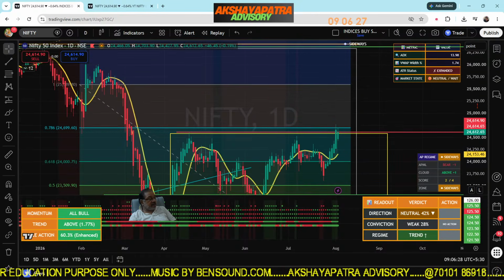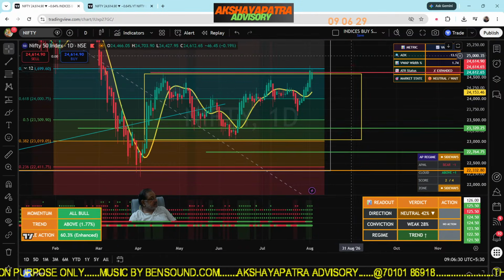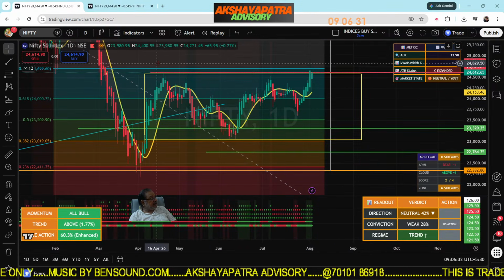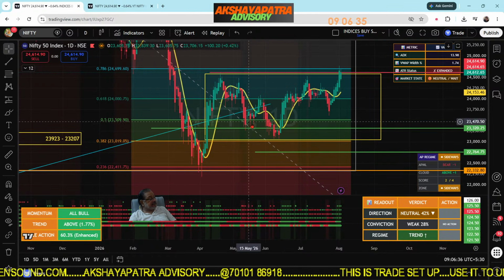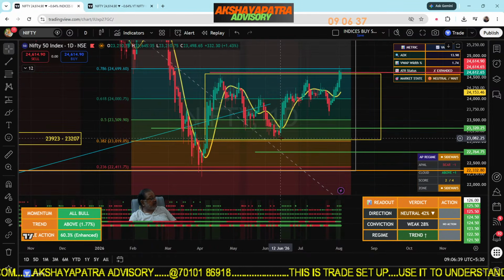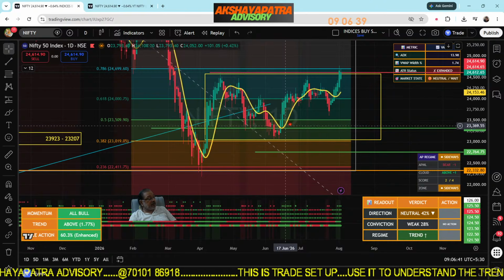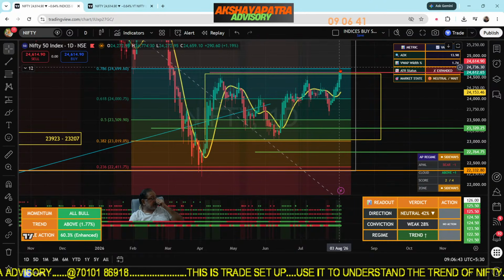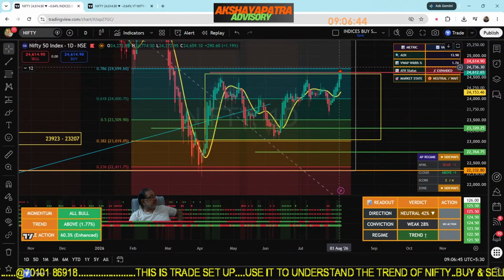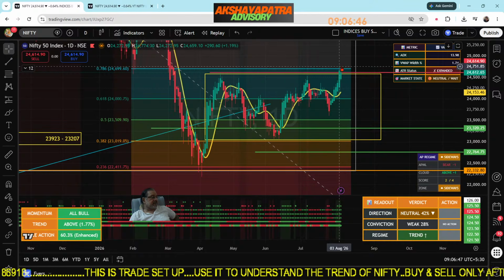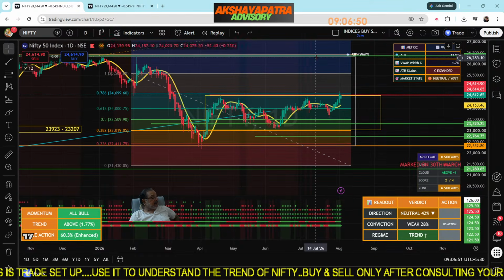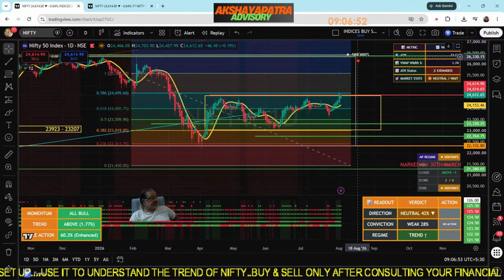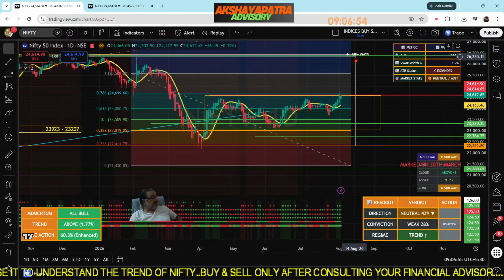You can see how from here it went up to 0.786, came down to 0.382. Now again it is trying to cross 0.786. So this is on a day chart. This Fibonacci table holds only while it is sideways on a larger time frame.